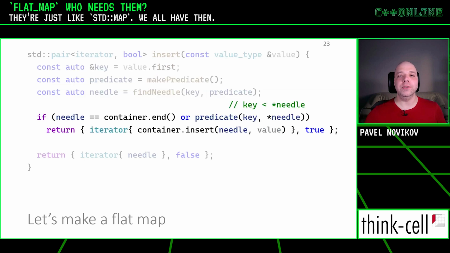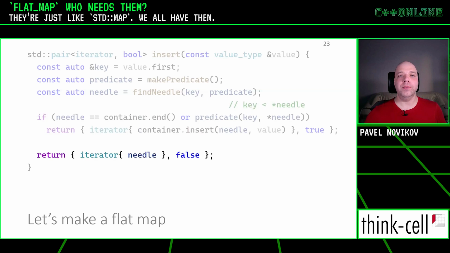If the needle is not found, or rather, if an element with an equivalent key is not found, we insert the value that the user gave to us, and we return the resulting iterator, adapting it with iterator, and we return true as the second member to indicate that we inserted the new value.